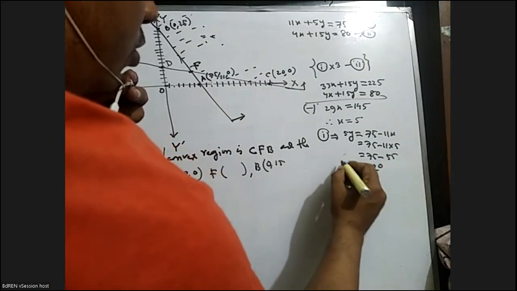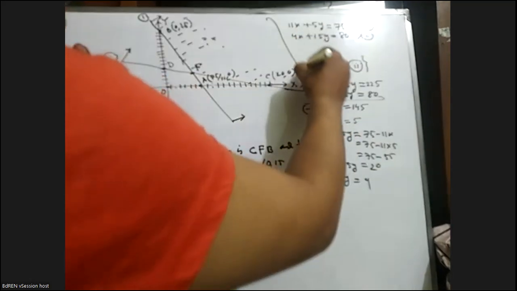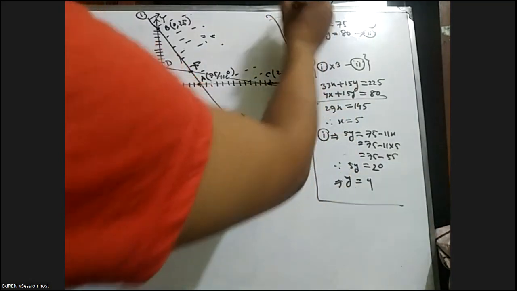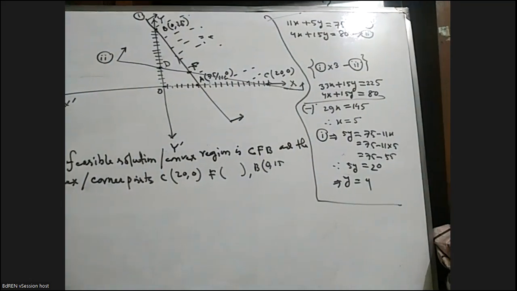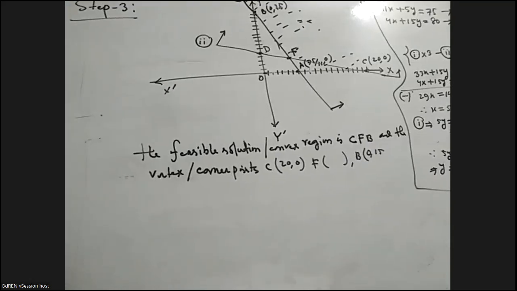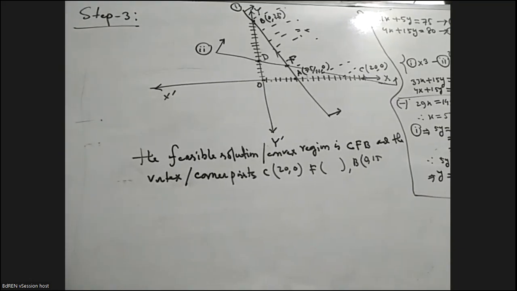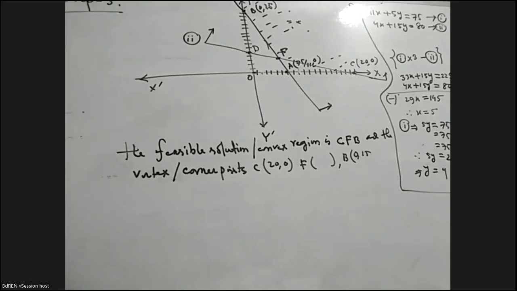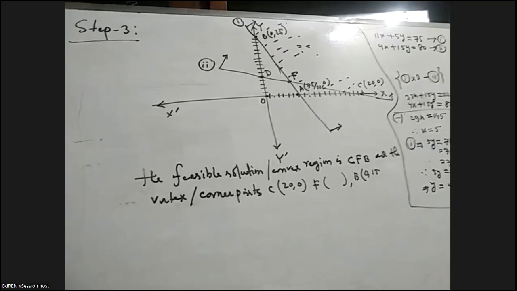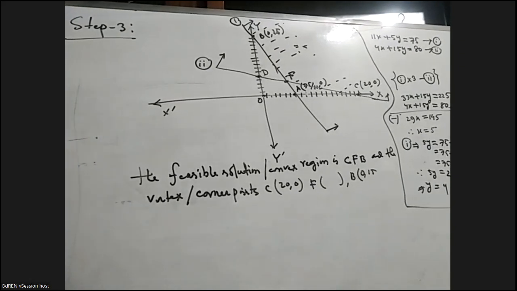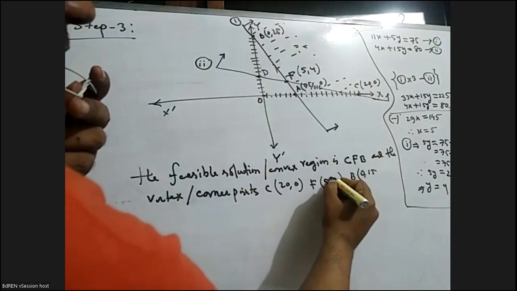That means 5y equals 20, so y equals 4. By the elimination process, we have solved equations 1 and 2, and the solution is 5 comma 4. So we can write 5 comma 4 here.